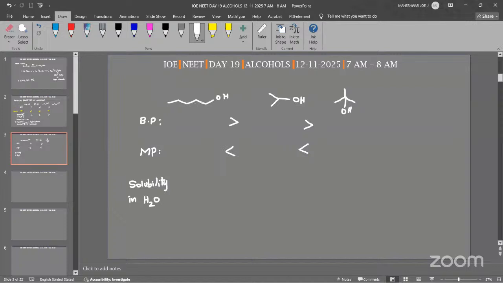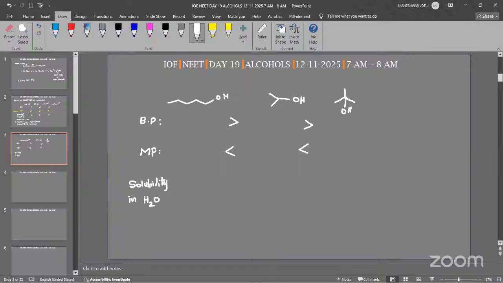So here carbon chains are more, here three carbons, here four carbons. But as the number of branches increases, the compactness increases, or the hydrophobic nature decreases.